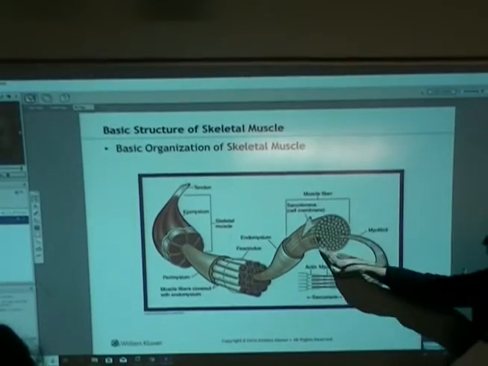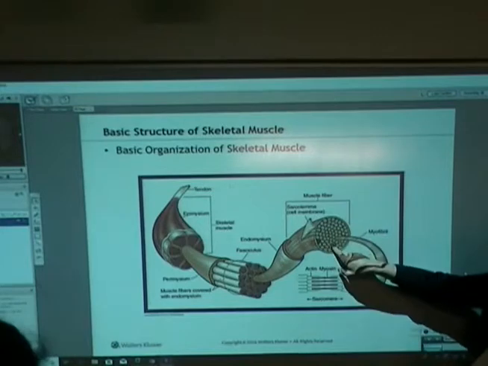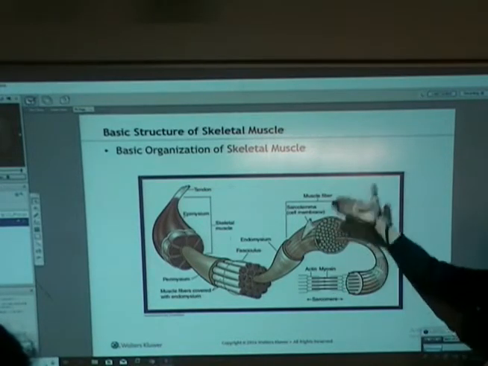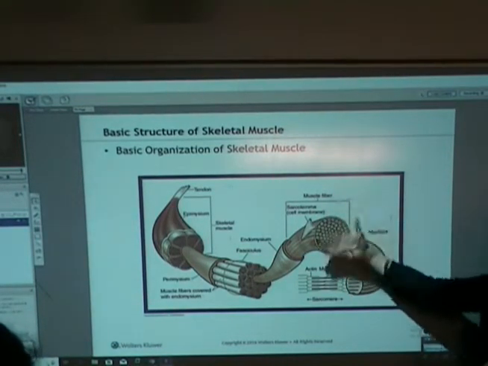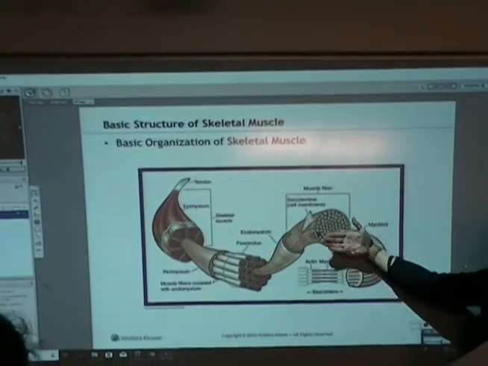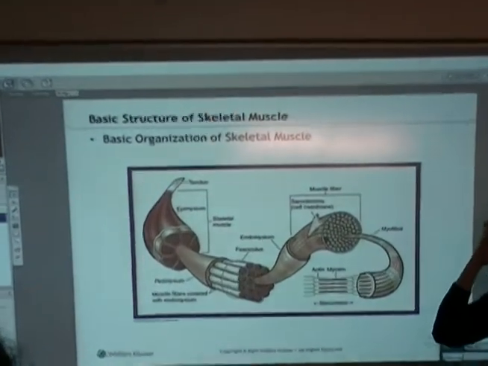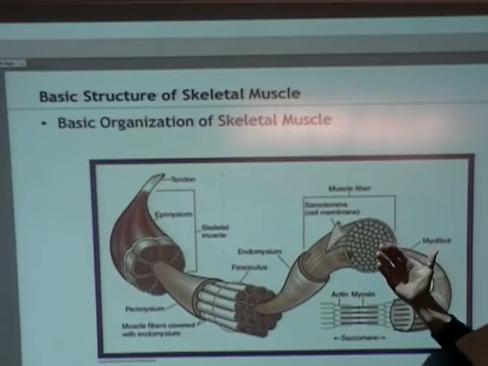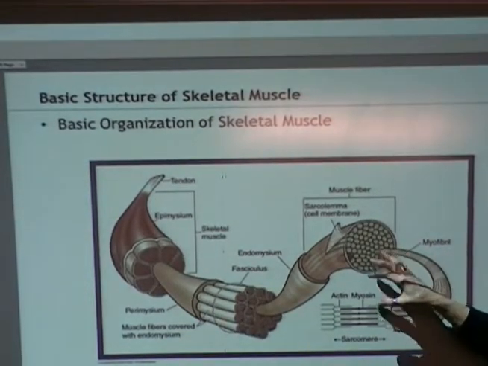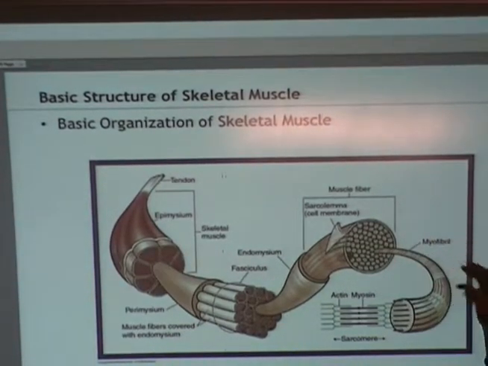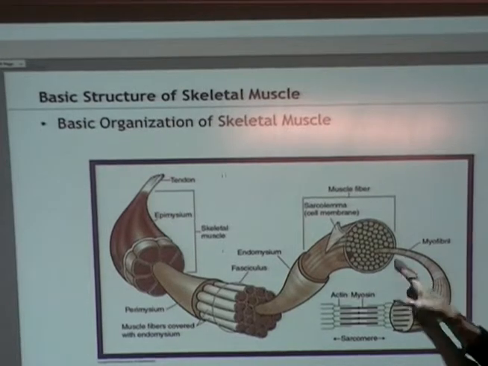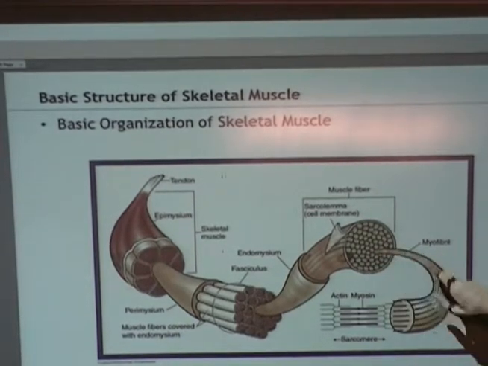So here's my bundle of separate muscle fibers. That picture, that horizontal cut through like this, is a useful one to hold in your head as we move through this chapter because it clears up some things that often get confused. So here's my muscle cells.